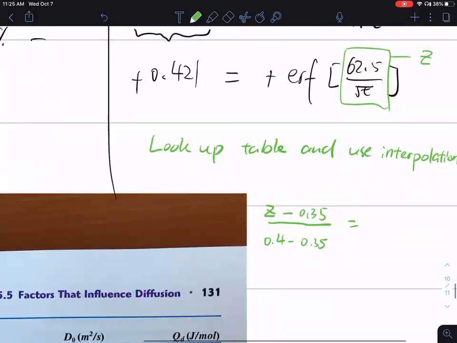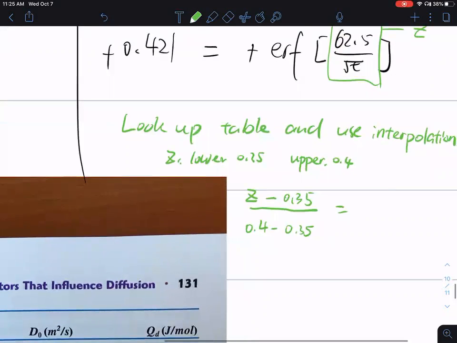So we're going to use z minus the lower bound, 0.35. The upper bound is 0.4. So we use z minus the lower bound, 0.35, divided by the difference between the higher bound and lower bound. That's on our left-hand side of the equation.